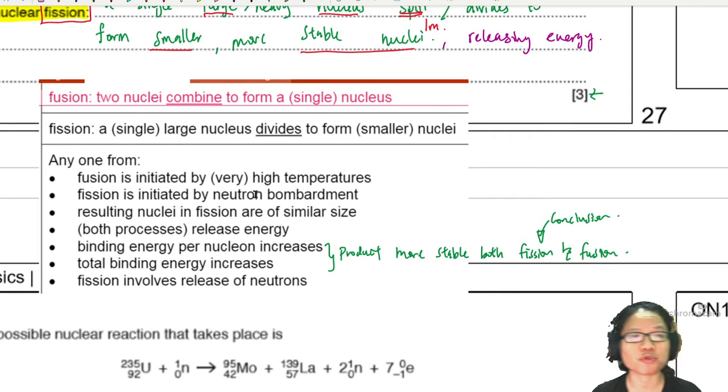Maybe the condition of the reaction, or maybe certain properties of the products that you can observe. Finally, fission involves the release of neutrons. This is how you get the chain reaction in your nuclear bomb or nuclear reactor. If you haven't watched the lecture video about nuclear fission and how we make bombs and reactors, go watch that video and come back here again.